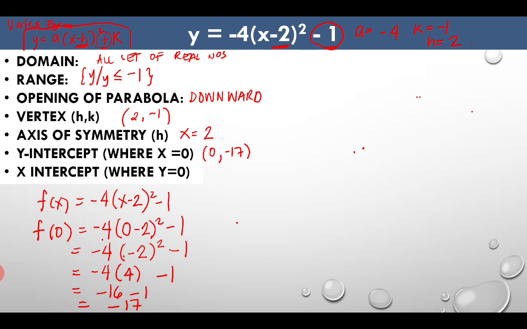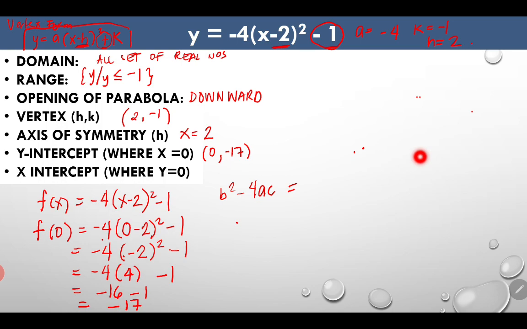Okay. Sa x-intercept naman, let us check first if this parabola will touch or will cross or will pass the x-axis. So, check muna natin. Let us use the discriminant b squared minus 4ac. Okay. Ang b natin sa given, do we have a b?